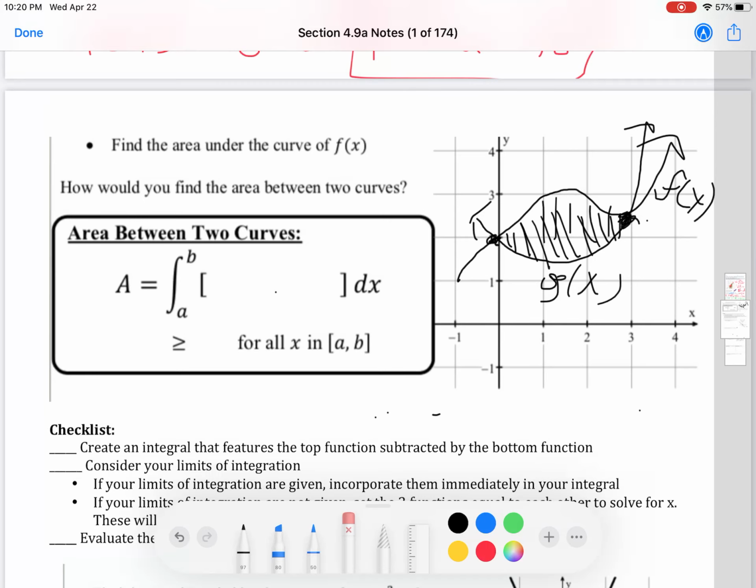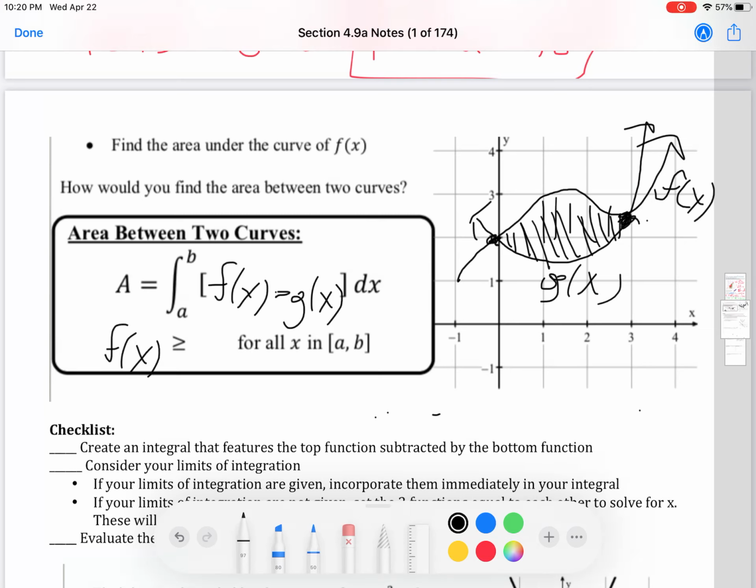So what we want to do when we're doing area between two curves is think about creating one integral that will solve the problem. And the way to do that, we have a top function, f of x, minus g of x.